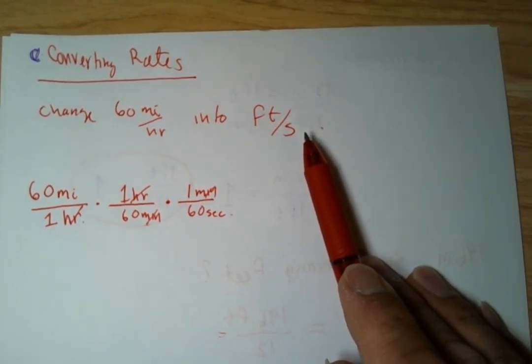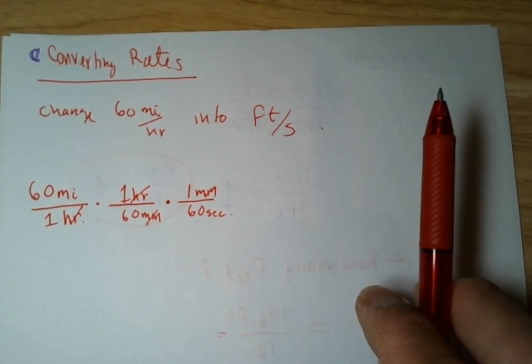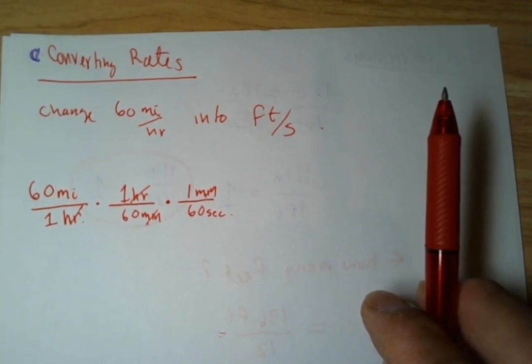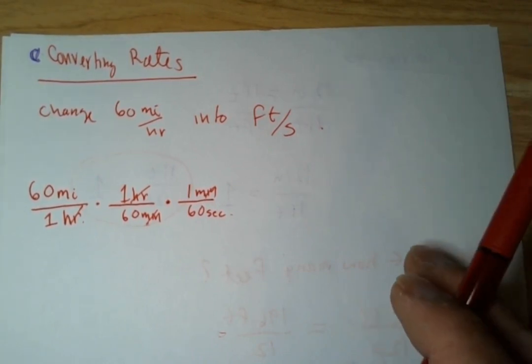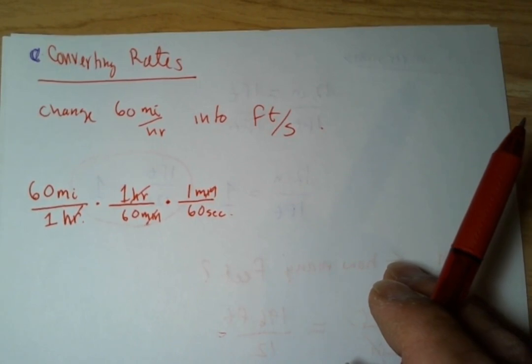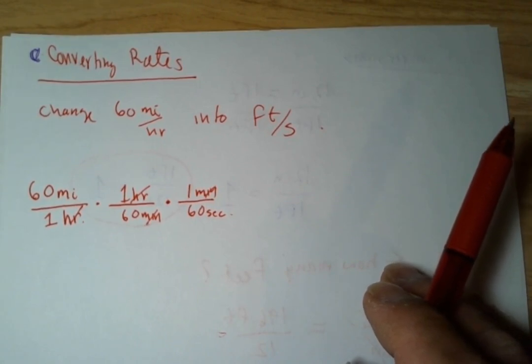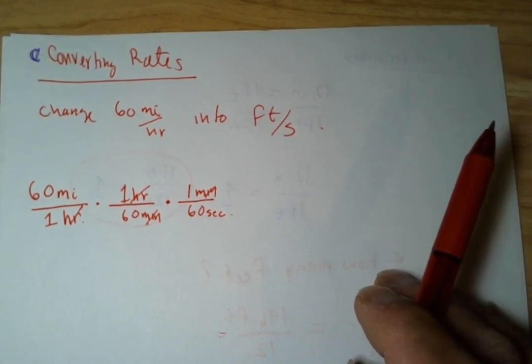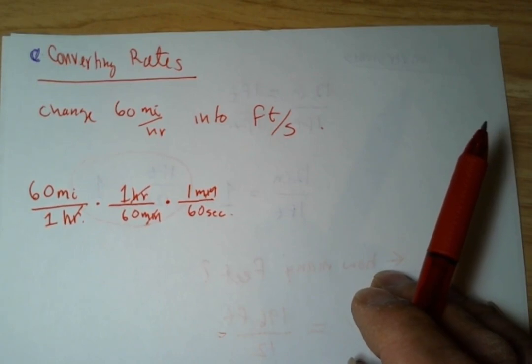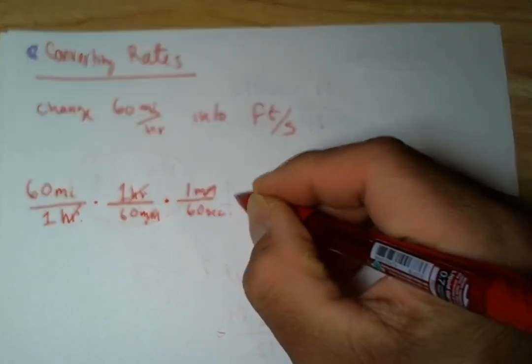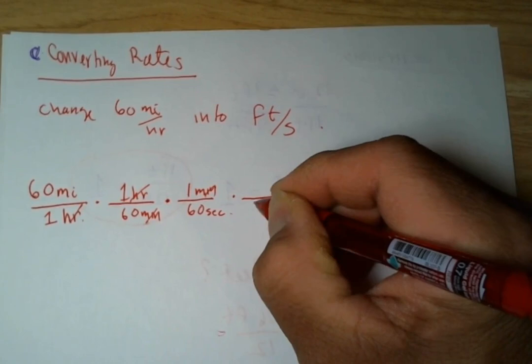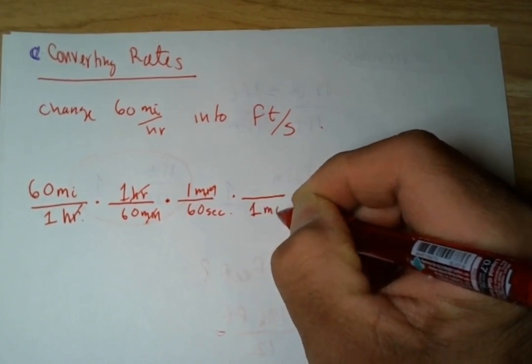So now what comes next is these miles. All right, so looking up in my unit conversion table, I look in the length section, and I have a conversion of 1 mile is equal to 5,280 feet. Right, so I want the mile to reduce, so I'll put that in the denominator.